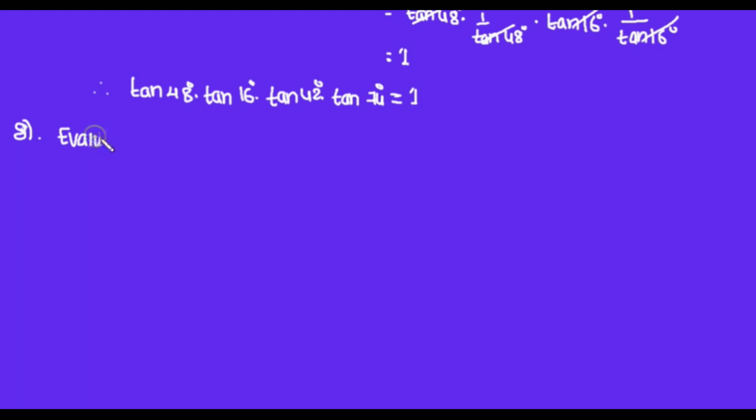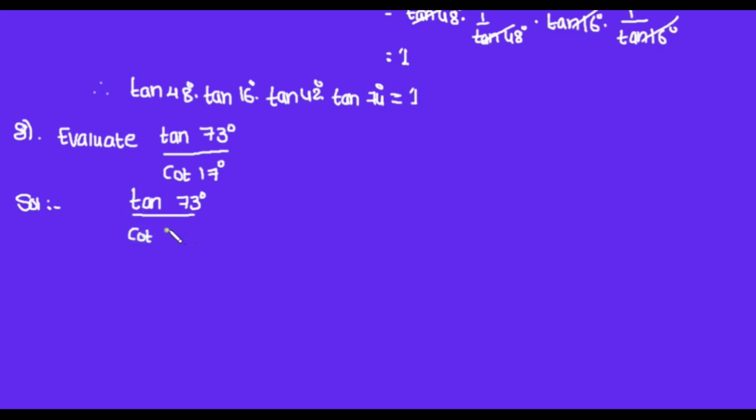Problem number 8. Evaluate tan 73 degrees by cot 17 degrees. Here the sum of the given angles is 90 degrees. So the given problem can be written as tan of 90 minus 17, because 90 minus 17 is equal to 73, divided by cot 17 degrees.